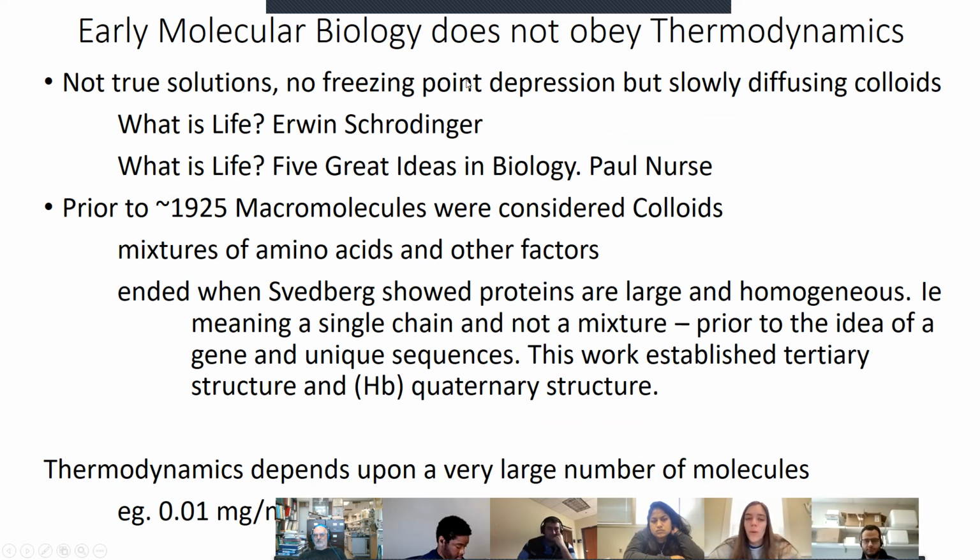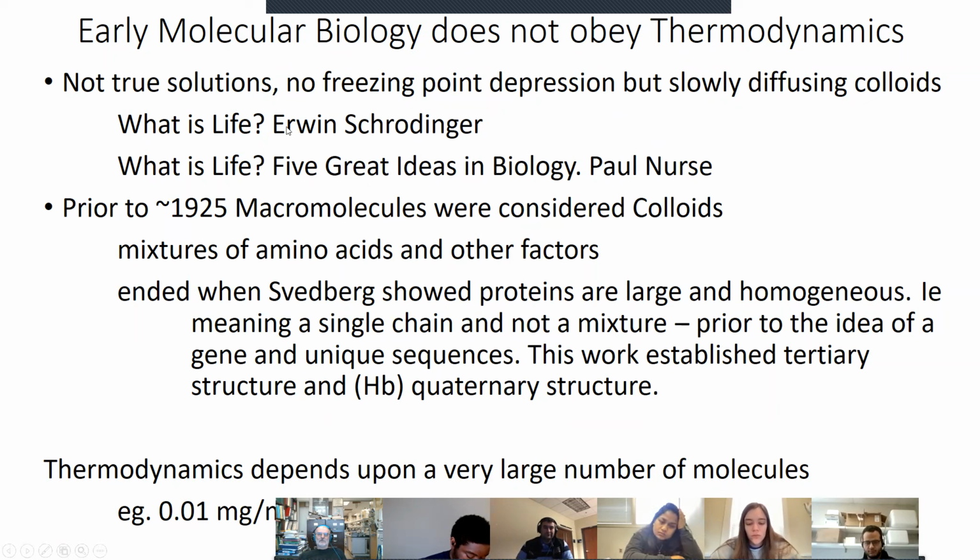They didn't really have freezing point depression. They were actually slowly diffusing mixtures of things that we called in those days colloids. Colloids were thought to be weird mixtures of amino acids and other factors. We literally didn't know that a protein was a linear sequence of amino acids that folded up into a certain tertiary structure.